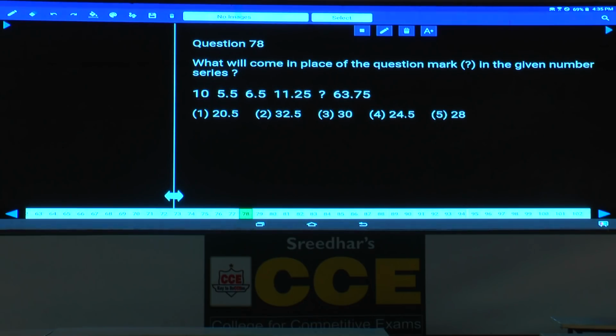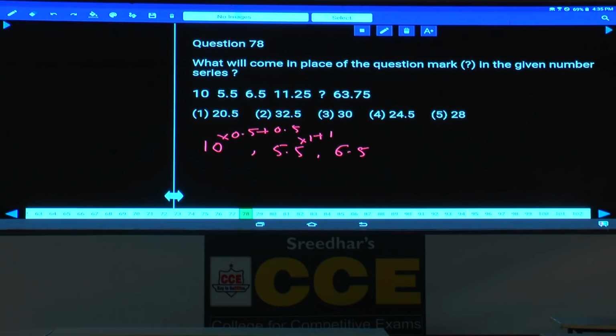Then question number 78. Now 10 and 5.5, the number first decreased. Whenever it decreases once and then increases again, it must be under 0.5 or 1 multiplication. Now 10 and 5.5, how to express this one? 10 into 0.5 is 5 plus 0.5 is 5.5. Next one, 5.5 into 1 plus 1, 6.5.